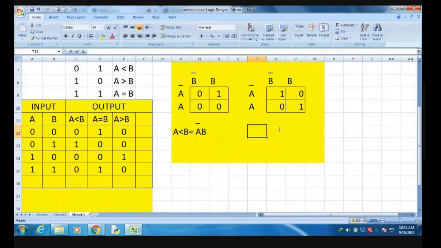Now tell me the equation: A bar B bar plus AB. Yes. So we consider here A equal to B, output is A equal to B, for the equation A bar B bar plus AB.